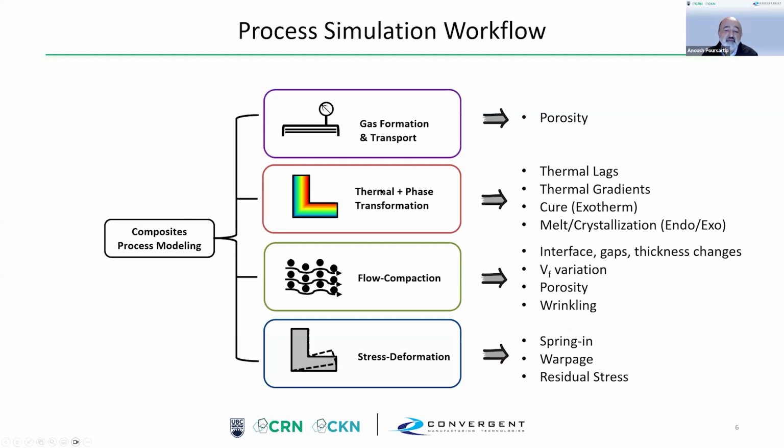Then we get into this important and dominant modeled step, which is understanding the thermal and phase transformation behavior of the system. This is where we understand that getting heat into a part and out of the part is slow because it's a polymer-based material. And of course, the phase transformation, be it cure or melt crystallization, is obviously the key thing we're trying to control.